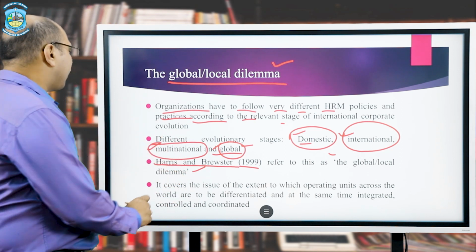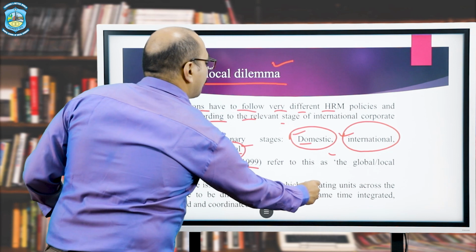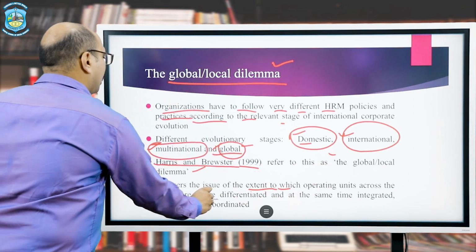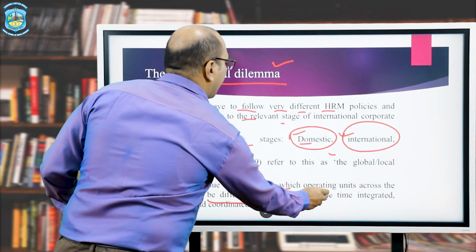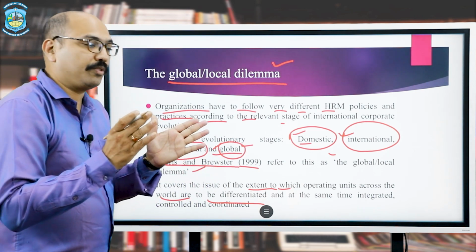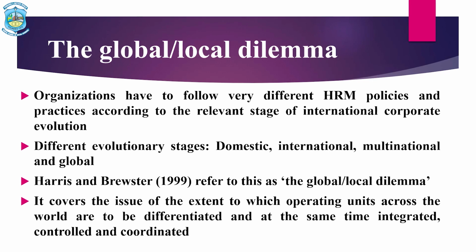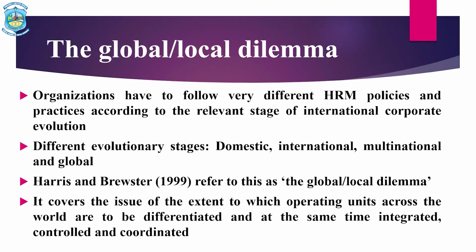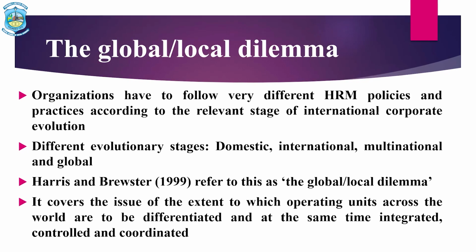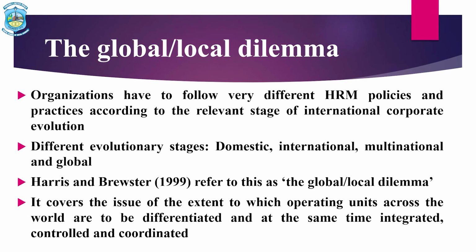And basically it covers the issue of context to which operating units across the world are to be differentiated and at the same time integrated. So you need to take a call, being an international HR manager, how much to differentiate and how much to integrate. So whenever there is a typical call that one needs to take, it's always a dilemma.